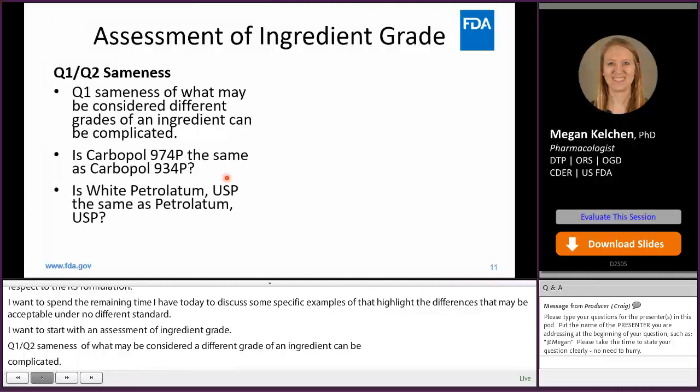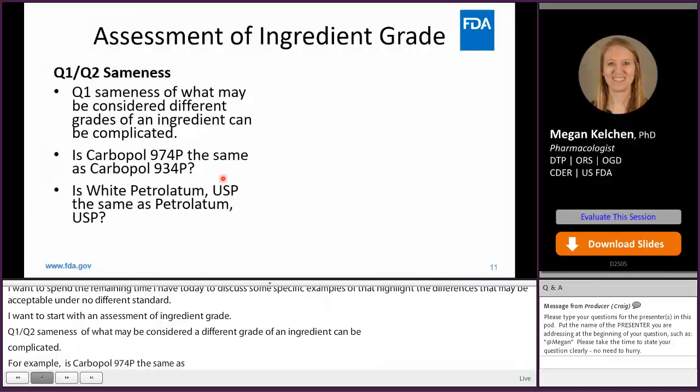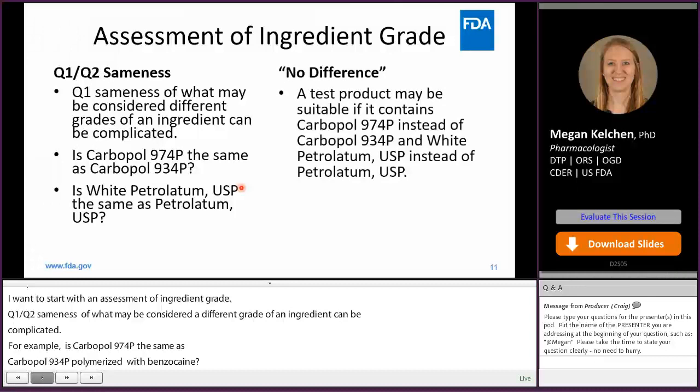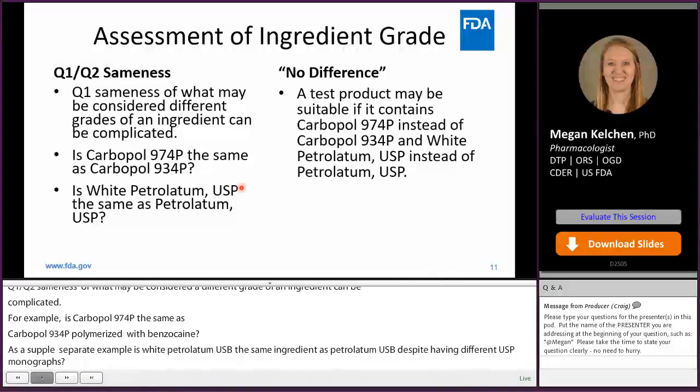As a second example, is white petrolatum USP considered to be the same inactive ingredient as petrolatum USP, despite having different USP monographs? In the case of carbapol, a change from carbapol 934P to carbapol 974P may have already been considered an acceptable change for the reference product.